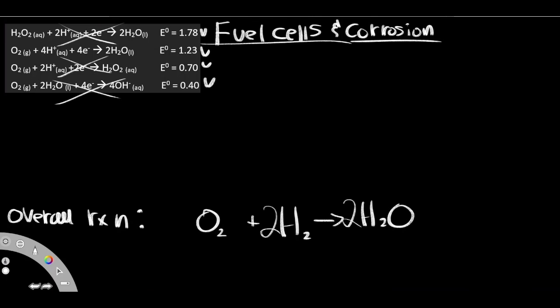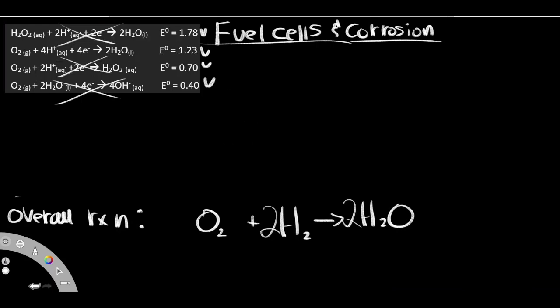So let's write it out, and we can tell based on that reaction that it is going to be the cathode end, also known as a reduction half reaction, because we have this electron on the reactant side. So obviously reduction and not oxidation. If it was oxidation, the electrons would be on the product side because they're being lost, being released. So let's put this all the way down over here.